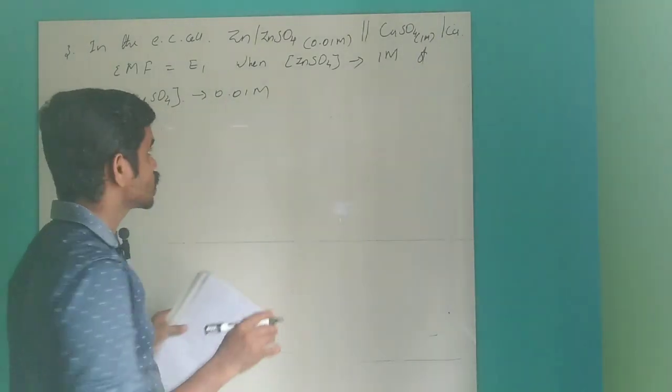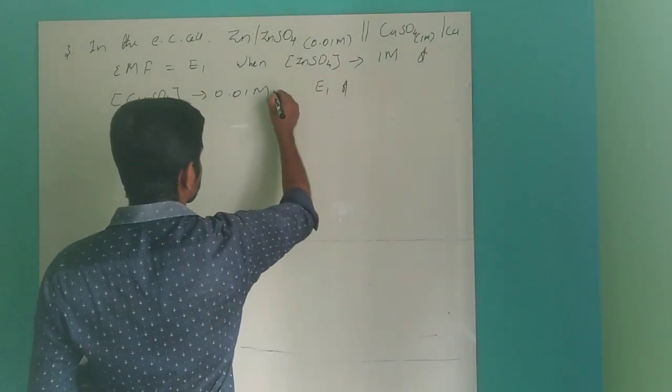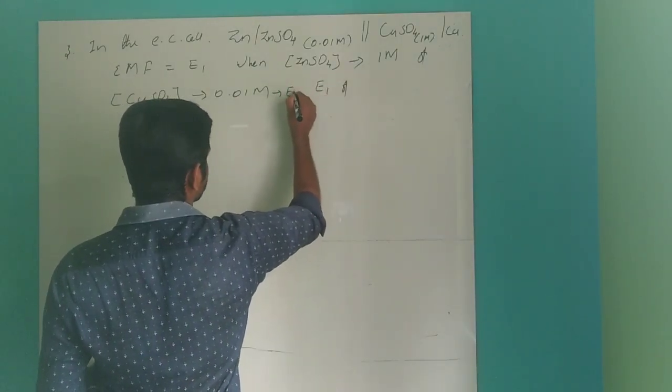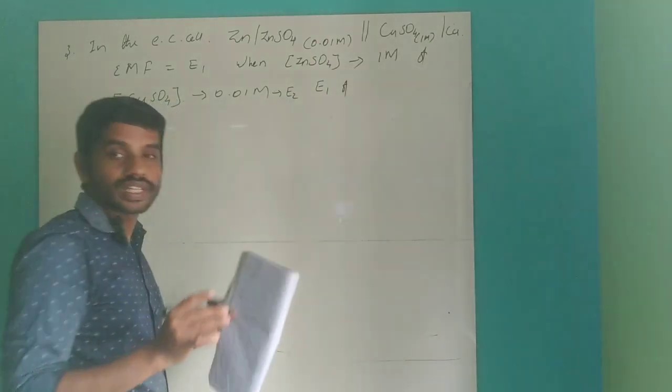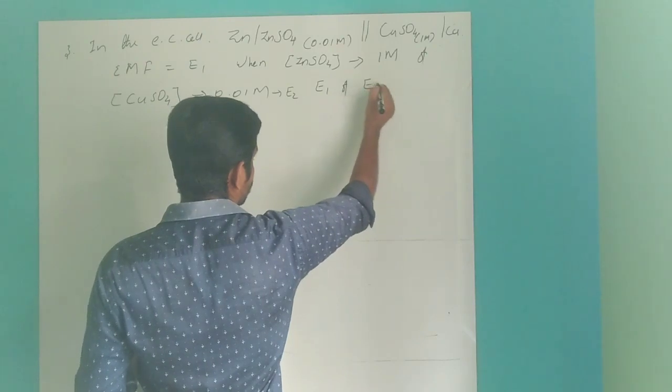Then what is the relation between E1 and this EMF we are taking as E2? The second condition EMF is taken as E2, then what is the relation between E1 and E2?